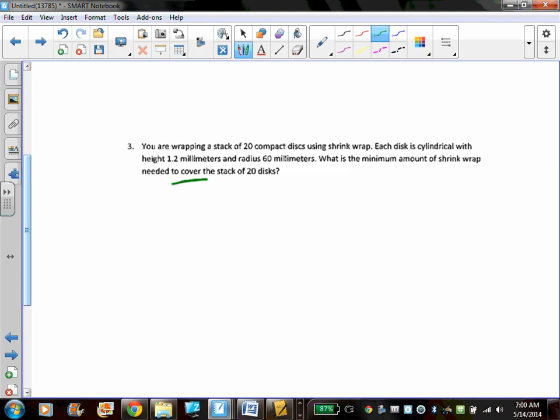So we're told that the radius is 60 millimeters, and we're told that h is 1.2 millimeters. And this is all the information we should need to find the surface area of one disk. To find that, we're going to use the surface area equation, which again is 2 pi.